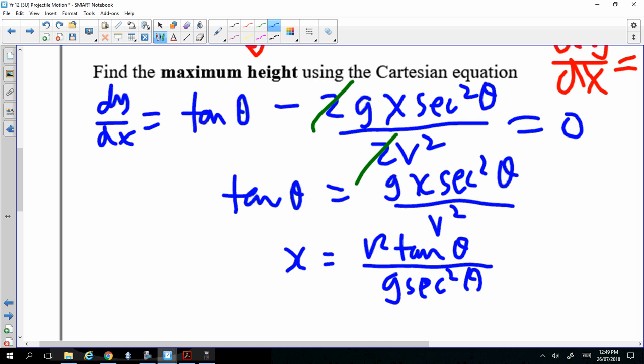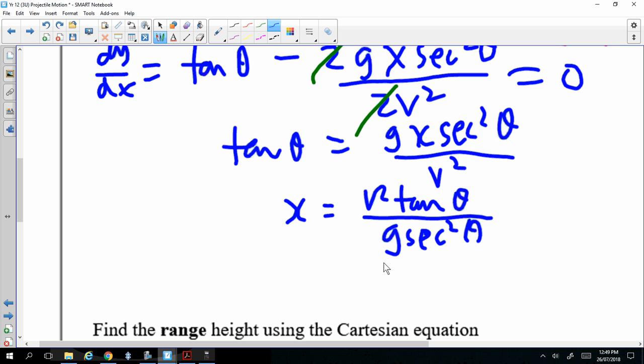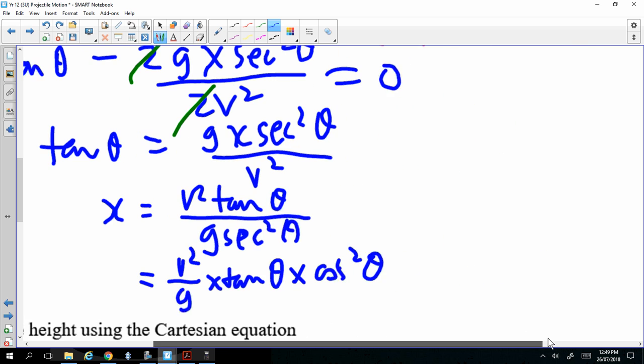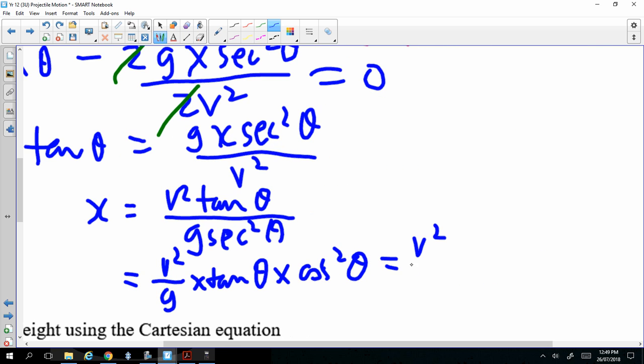So you get v squared over g times sine over cos times cos squared theta. That will cancel. Okay, good. So you end up getting v squared sine theta cos theta over g.